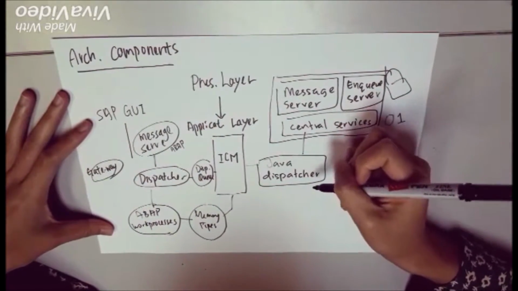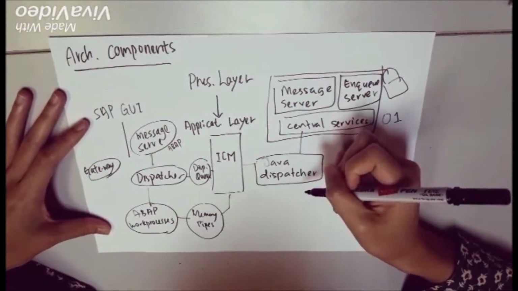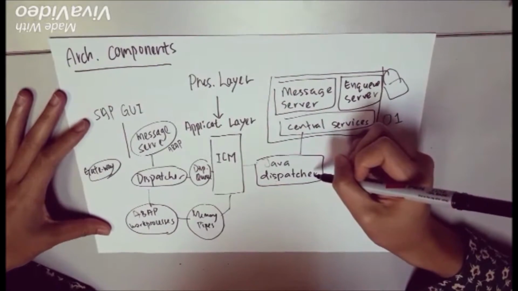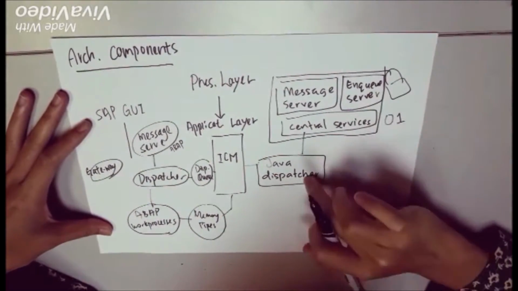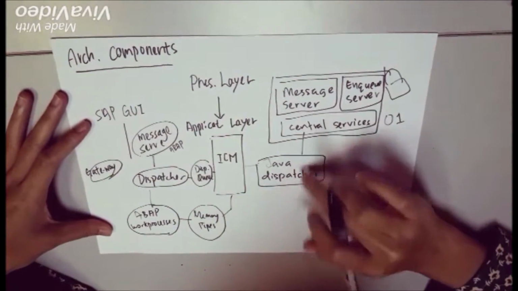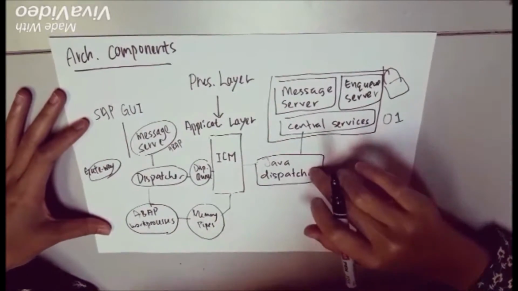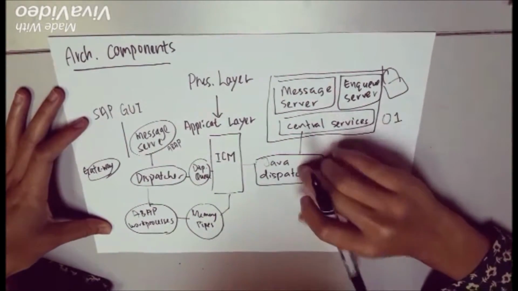Before I go down to the other components, I would like to explain what the Java dispatcher is. The Java dispatcher receives the client request and forwards it to the server process.